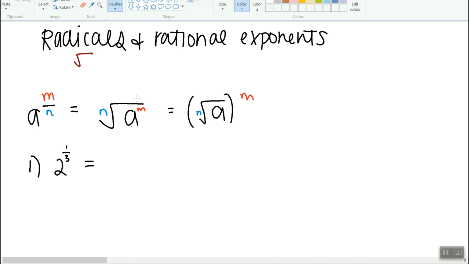So using this same format, we know we're going to have that radical sign. We know based on this example that the base stays that big number. That's important, okay? The exponent that stays on the 2 is going to be the numerator. So this one right here, it was a 1. That's going to stay there.